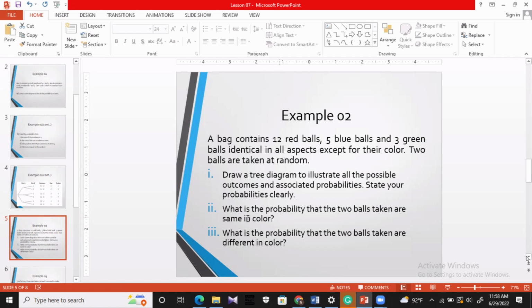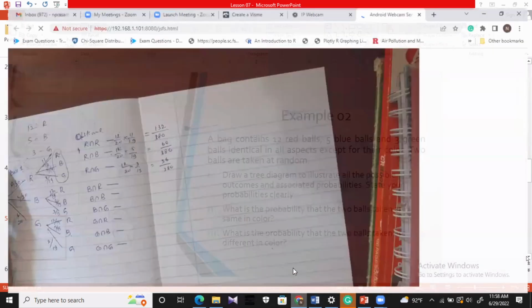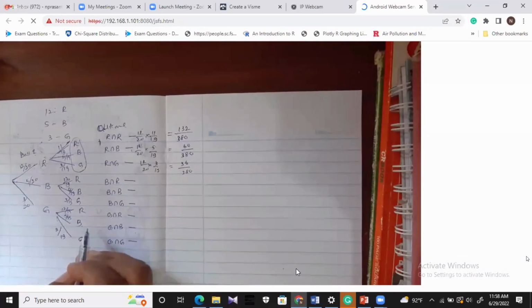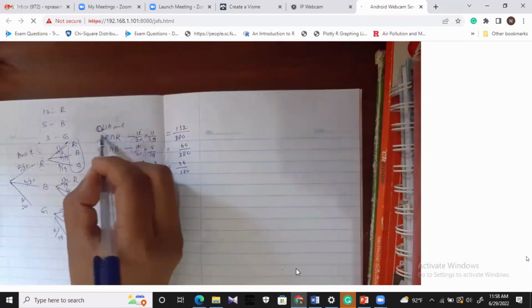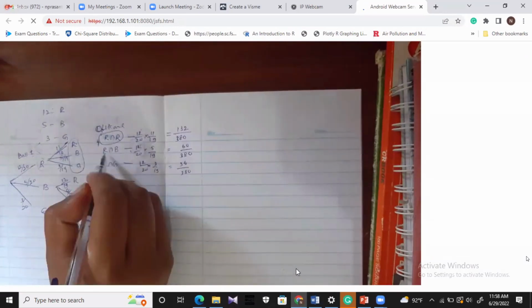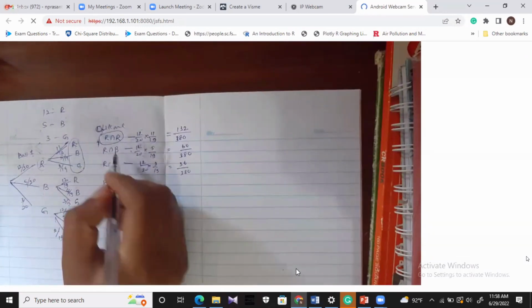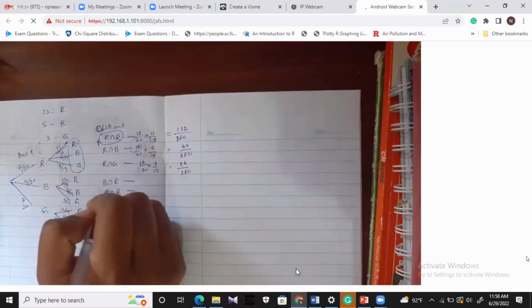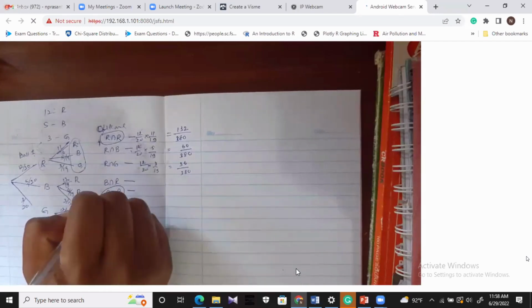Now we have to pick the pairs which satisfy this condition. It can be R and R. Here we have R and blue, no, we cannot pick this. R and G, no. B and R, no. B and B, yes. They are the same in color.